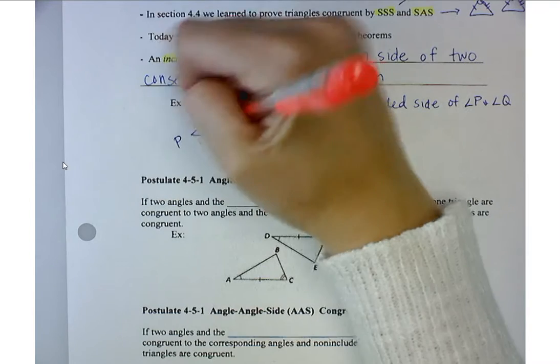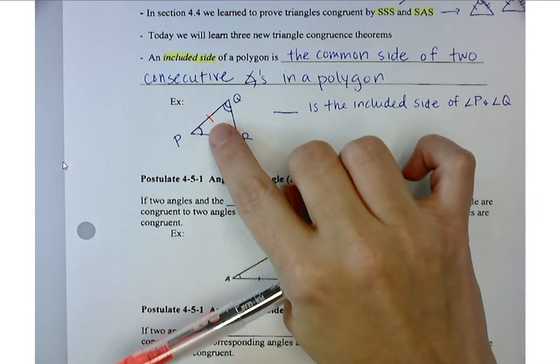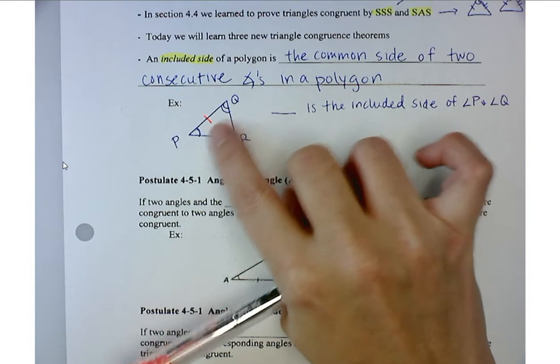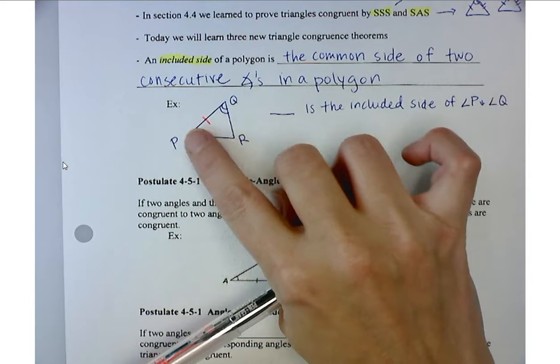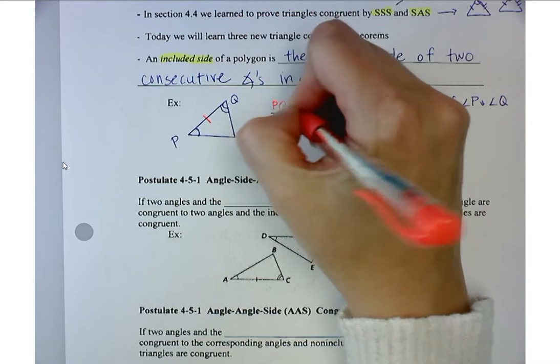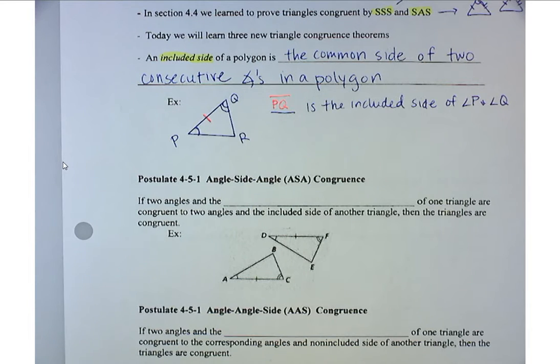Good. This is how you'd mark it. Once you mark it, you can see it's in between. If you look at the 2 angles, the side PQ is the only side that has both angle P and Q in it. Because it's a side, we'll call it your segment, so make sure you have your segment on there.